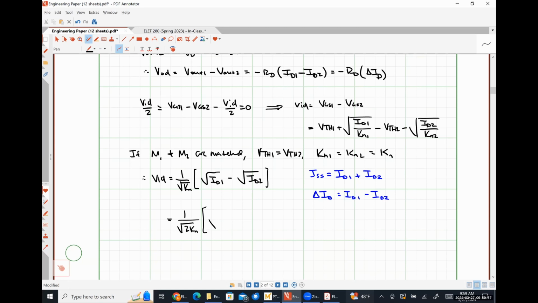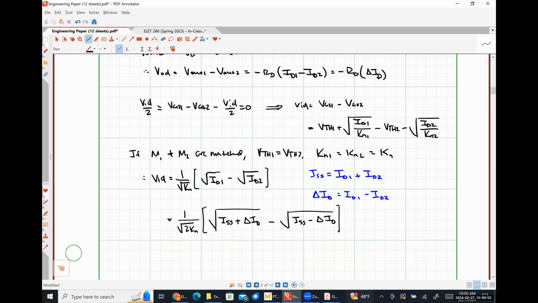And then I'm going to have the square root of ISS plus delta ID minus the square root of ISS minus delta ID. Now, I know that looks odd, but if we add ISS plus delta ID together, we just get twice ID1.